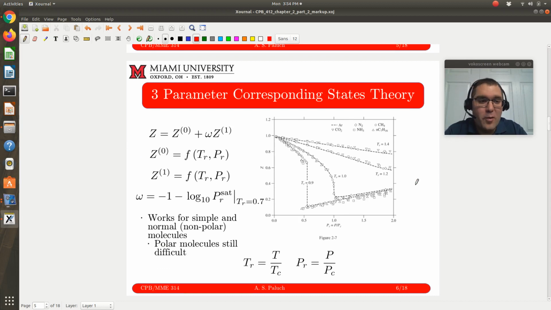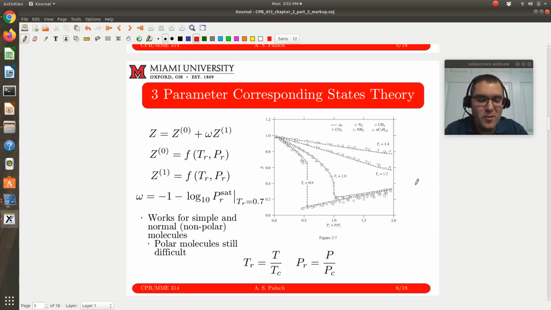My recollection of the story is that we've got this two-parameter corresponding states theory that works really well for simple molecules. But things like water deviate significantly from it.